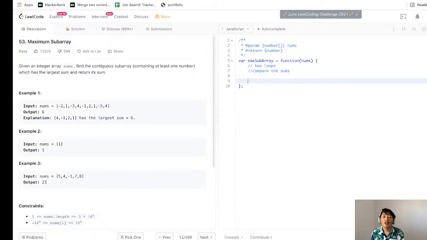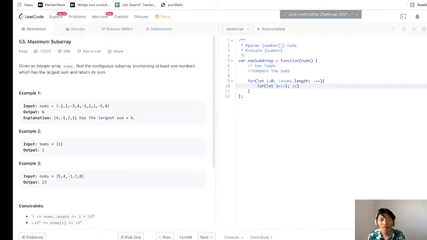For that, I'm going to do for let i equals 0 and i is less than nums.length and i plus plus, and again for let j equals 0, j is less than, or it's not 0, we have to start from i plus 1.